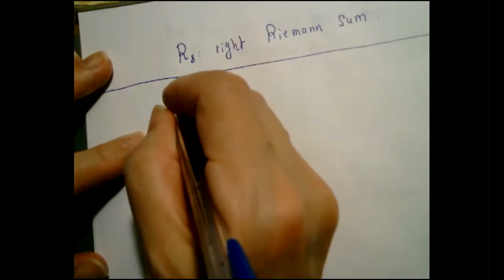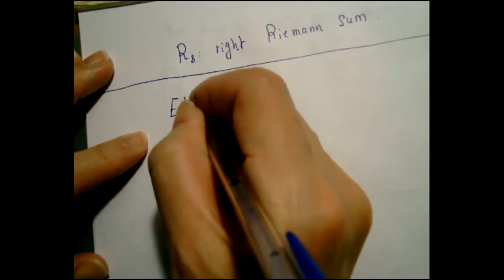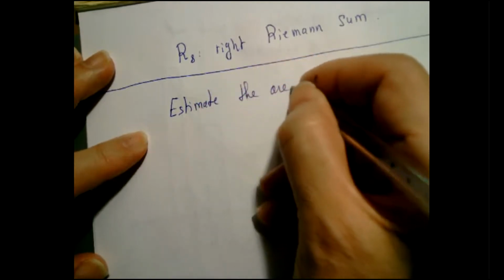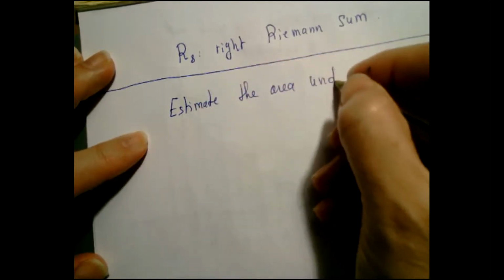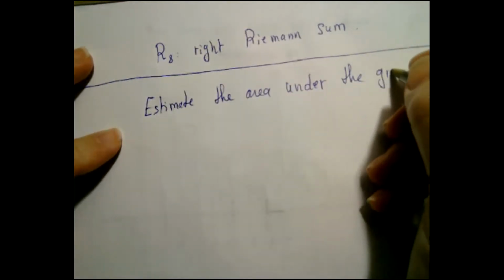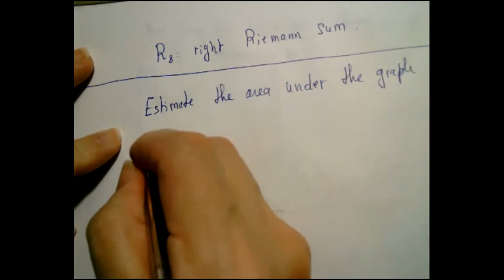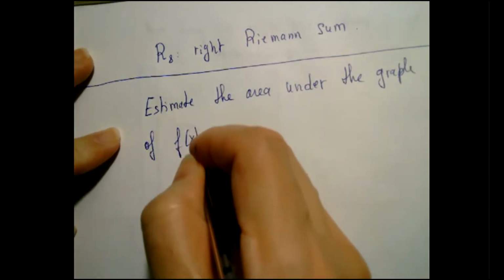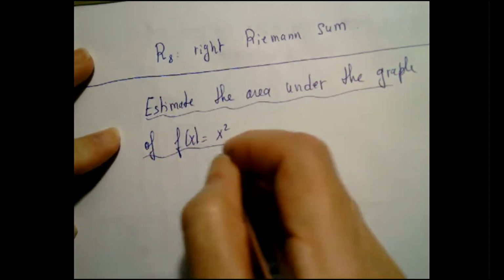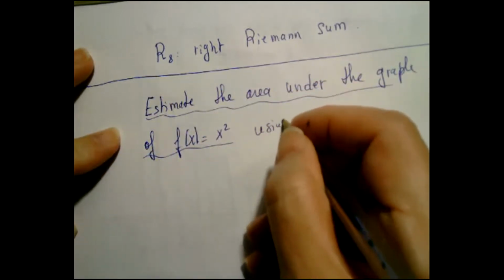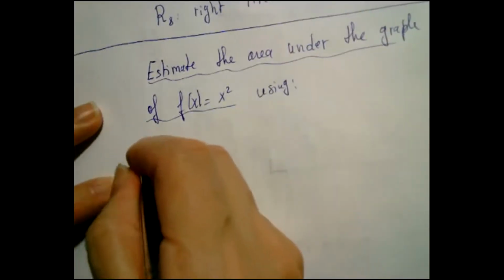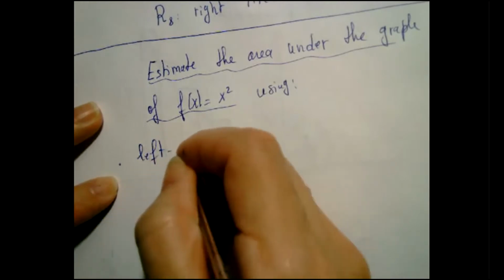So question number 2 is: estimate the area under the graph of f of x equal x squared. Again, we're going to estimate the area using, instead of the right, the left endpoint with 4 subdivisions.